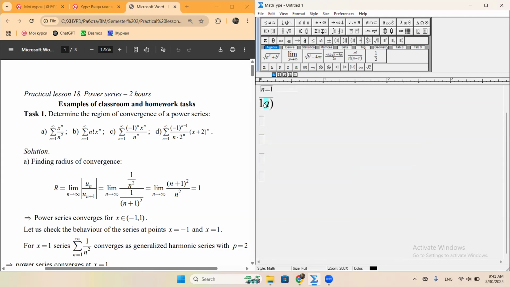The next exercise, 1b: sum over n from 1 to infinity of n factorial times x in power of n. Again, calculating the radius of convergence.